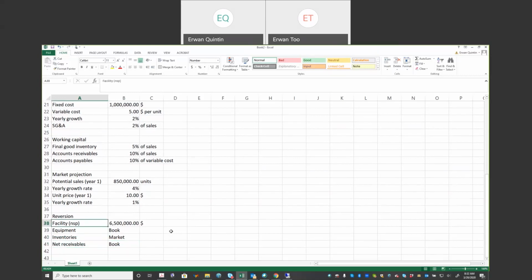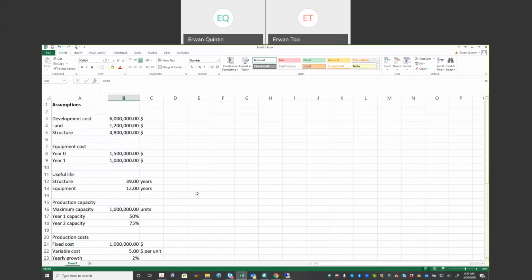So now that we have listed our assumptions, we need to turn those assumptions into unlevered free cash flows to the firm. So for that, we're going to need to create a pro forma table. The first thing that we need is to record the fact that we're going to do this over 10 years.